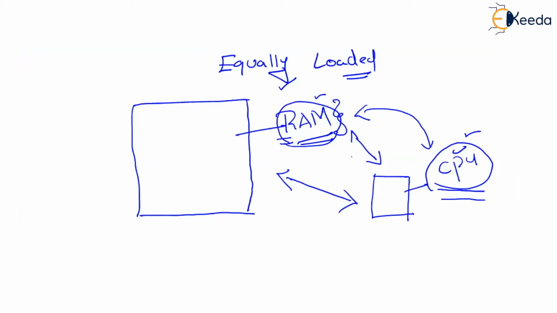An external source is, let us say, a thunderbolt. When there is a thunderbolt, definitely the electricity will get affected. There will be power fluctuation. During the power fluctuation, the components will get affected. There will be a direct effect of the power fluctuation on the RAM and on the CPU.